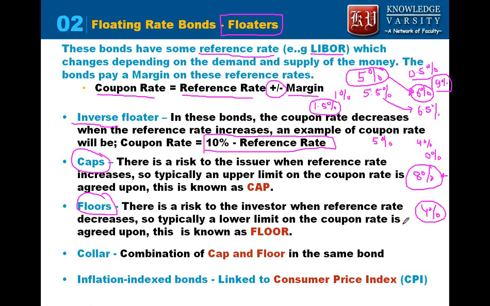So he is specifying a floor rate on the bond. This is the floor rate, that is, the coupon cannot be below 4%. So a bond can have a floor and it will benefit the holder, but it will be against the issuer. A bond can have both of these, and the combination of both is called a collar. That is, you can have a cap as well as a floor.